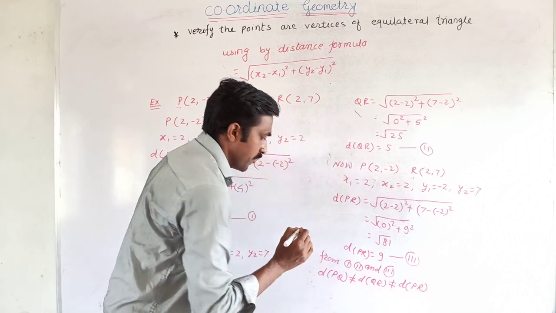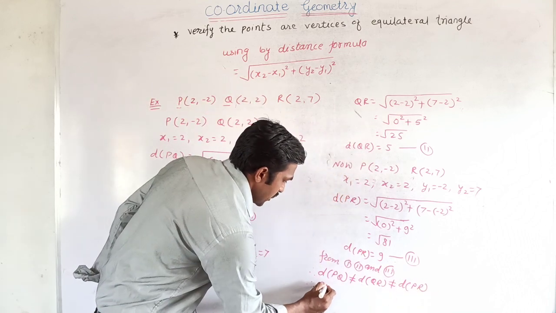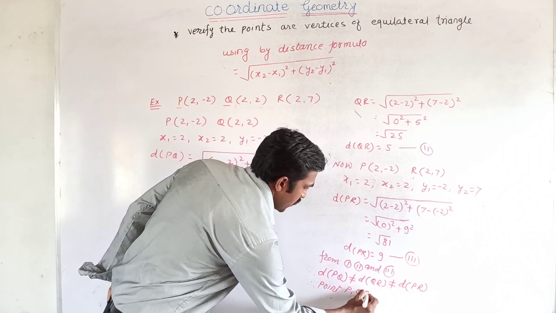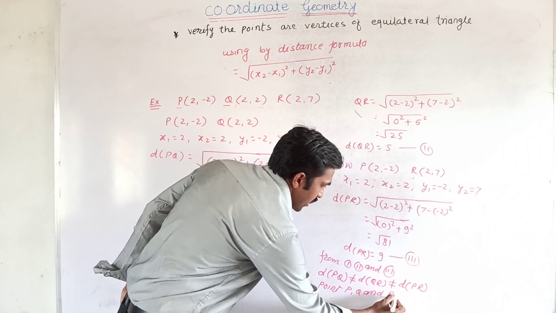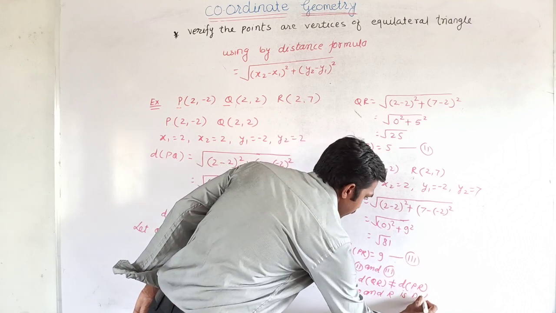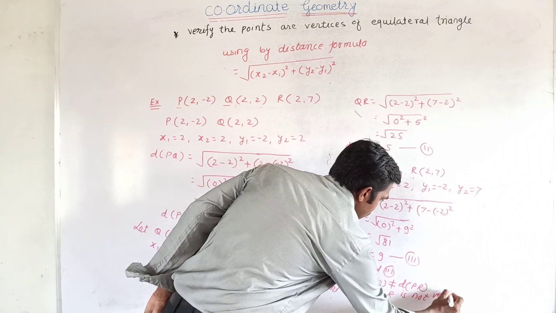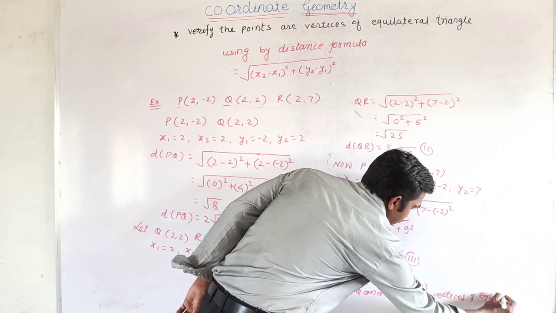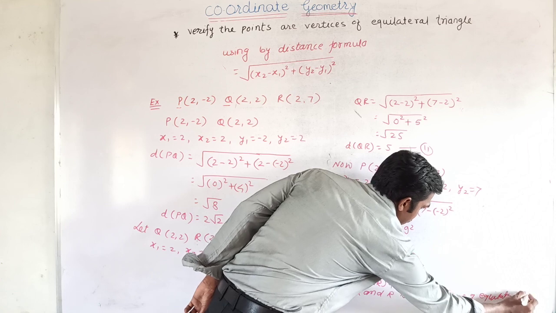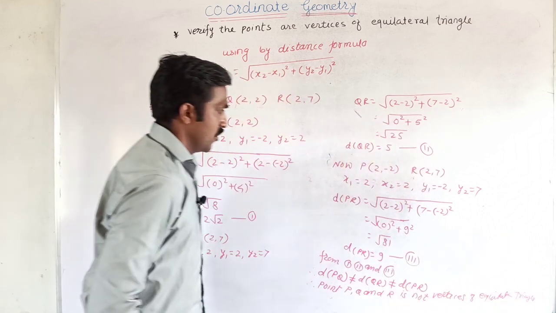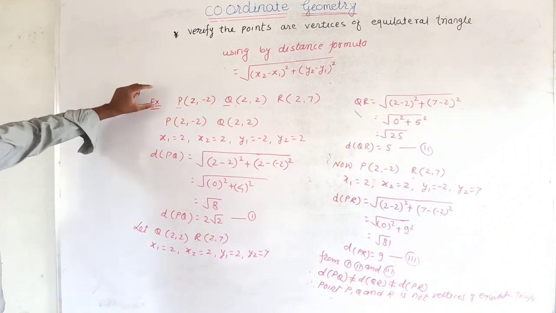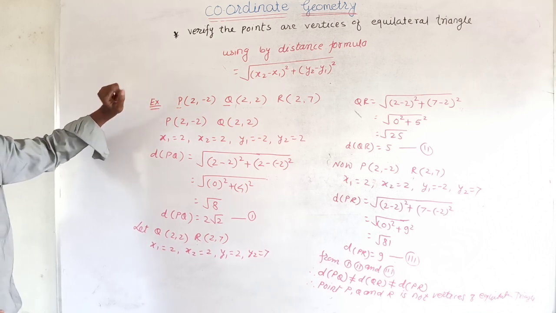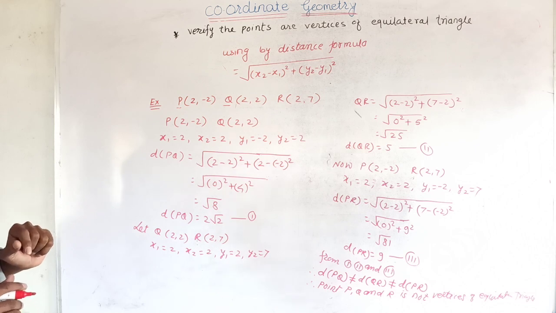So therefore points P, Q and R are not vertices of an equilateral triangle. Okay.